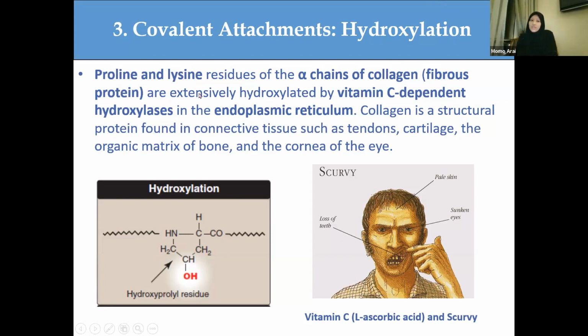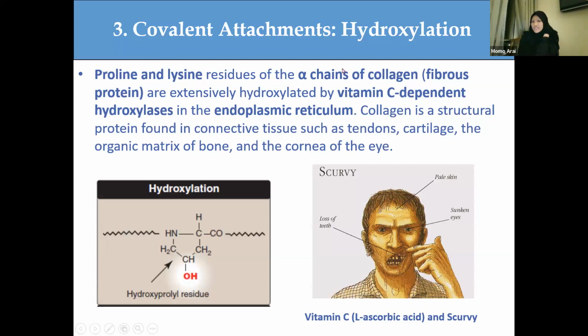An example of this is in the alpha chains of collagen. Collagen makes up our connective tissues like our skin and so on. This hydroxylation of proline and lysine makes them into hydroxyproline and hydroxylysine by these enzymes, hydroxylases, which are vitamin C dependent.